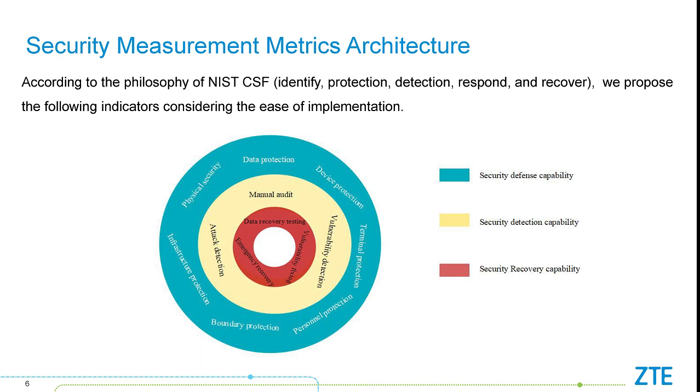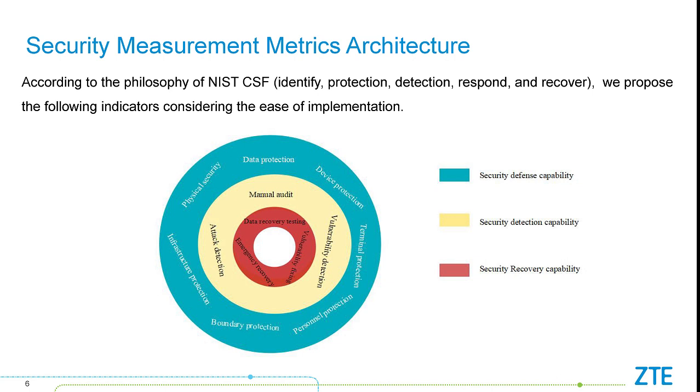Okay, so here is the security measurement metrics architecture we proposed. According to the philosophy of ISDFS, we proposed the following indicators considering the ease of implementation. The architecture consists of 3 layers. The first one is the security defense capability layer, in which we require the system to have the capability to protect against attacks.